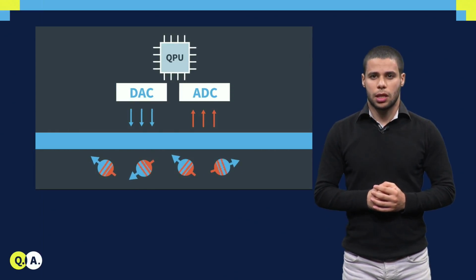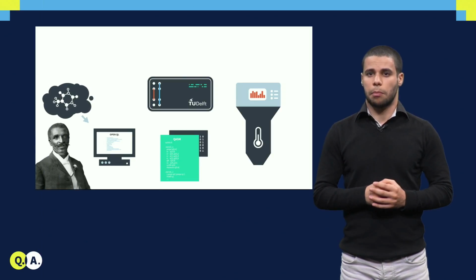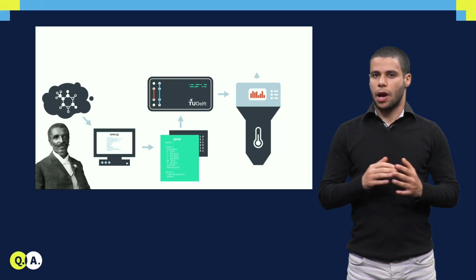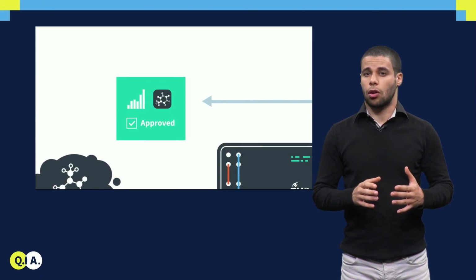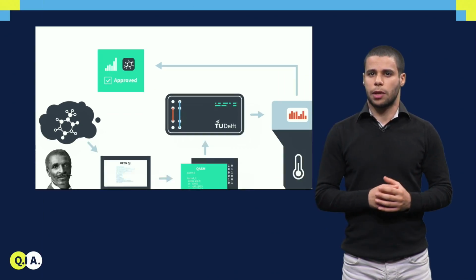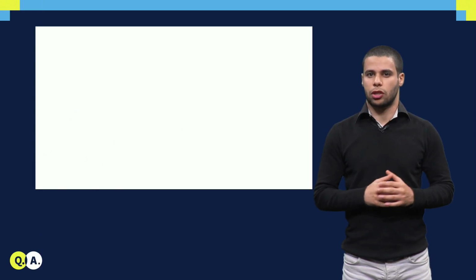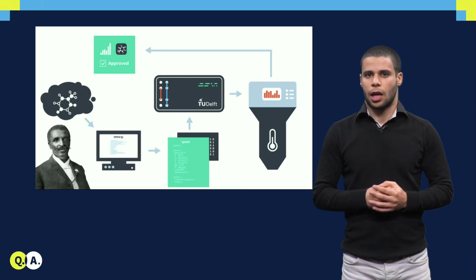To transform these human-readable quantum algorithms into an executable machine code, we need a compiler. The job of the compiler is bridging the gap between the quantum algorithm, or the software, and the quantum hardware by transforming these algorithms into quantum operations, optimizing them, and adapting them to the target quantum platform.